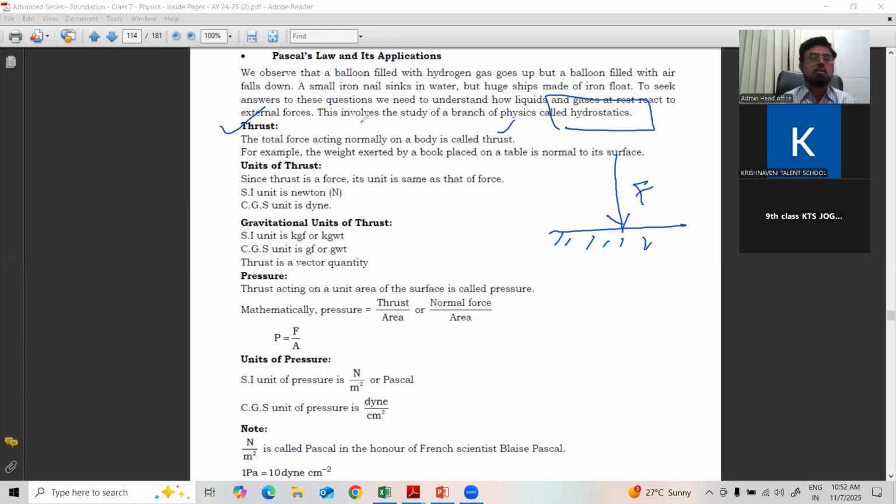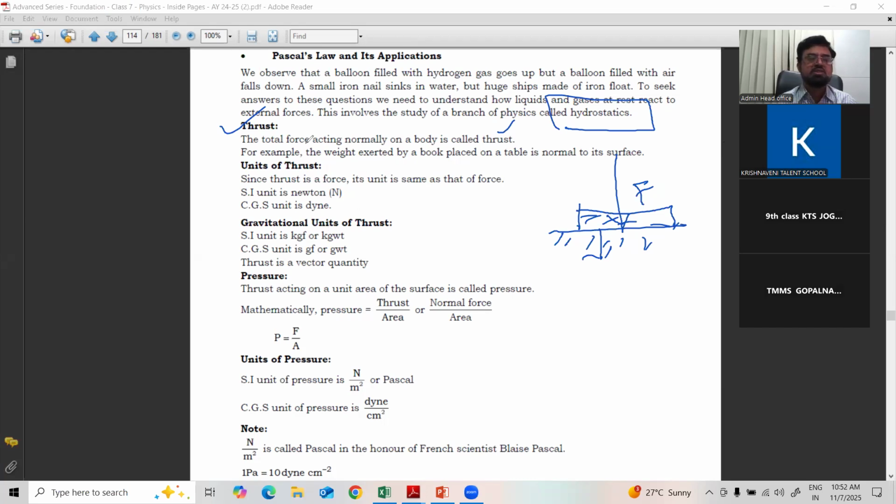For example, a book placed on a table. The weight of the book always acts in a downward direction, perpendicular to the surface of the table. That is, the book is exerting thrust on the table.